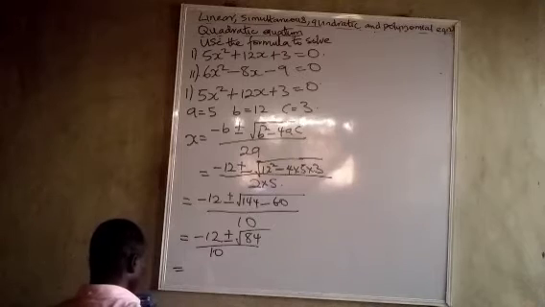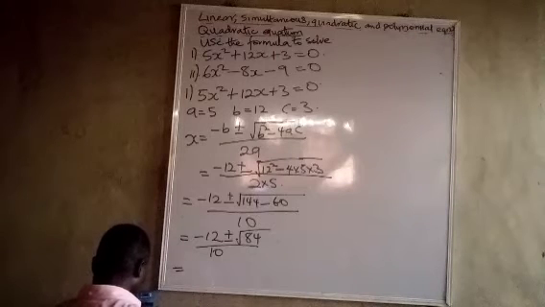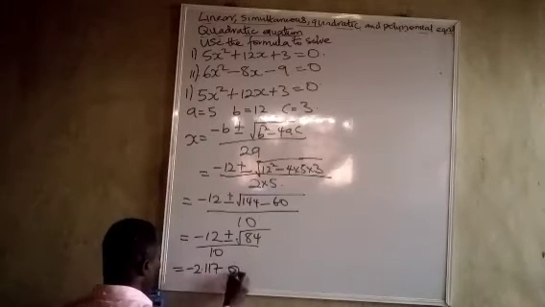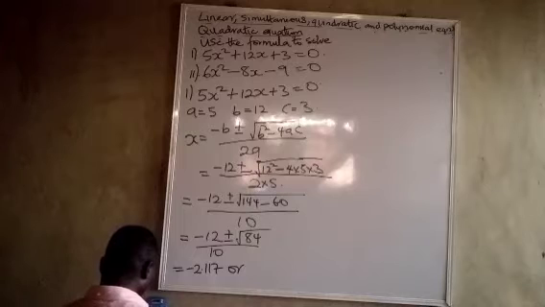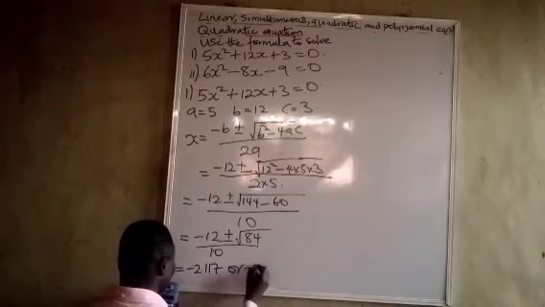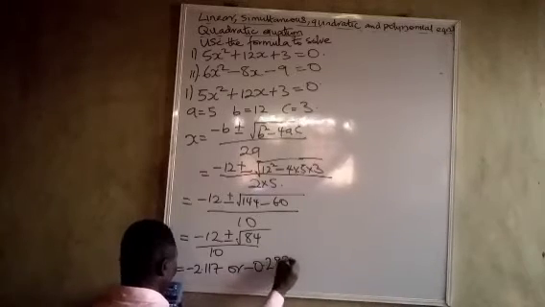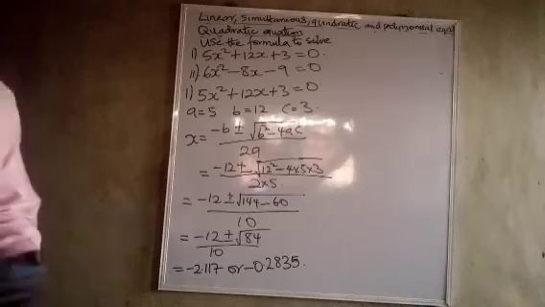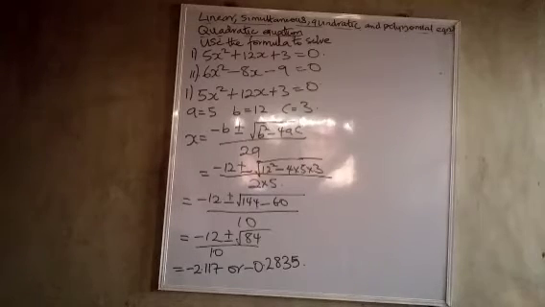And that's going to give me minus 2.117 or minus 0.2835. So, if not for the formula now, we'll be going through stress to get these answers.